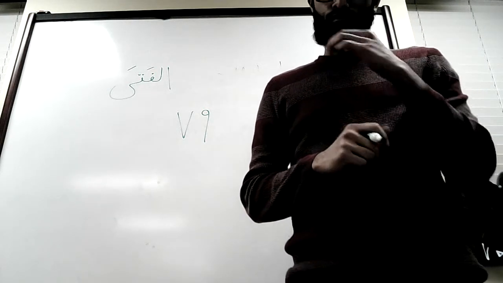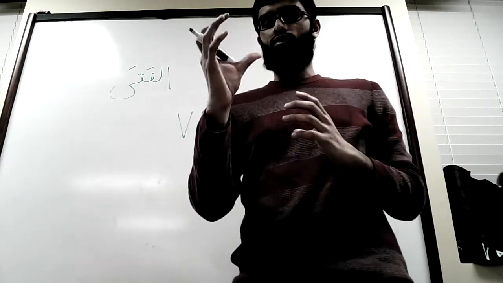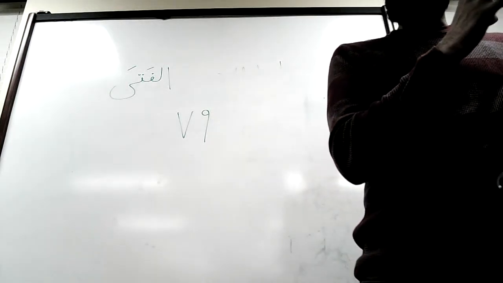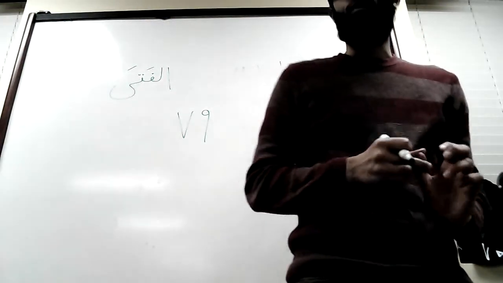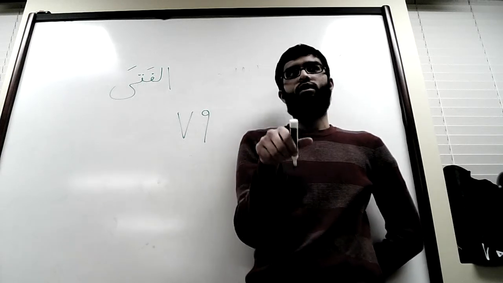You have to keep it the same, but you just have to change that young man into those young men. أولئك. فتيات. من أولئك الفتيات. Okay. So who are those young men? Okay. Is everyone on the exercise?